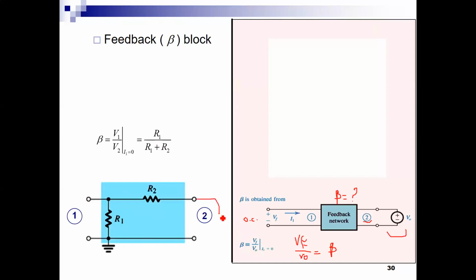So I'm practically putting a voltage source here, VO. What is the value of VF versus VO? Note that the positive pin is the upper pin that is sending the feedback to the amplifier. It's simple in this case. This is a simple voltage divider circuit and the ratio for beta is R1 over R1 plus R2.